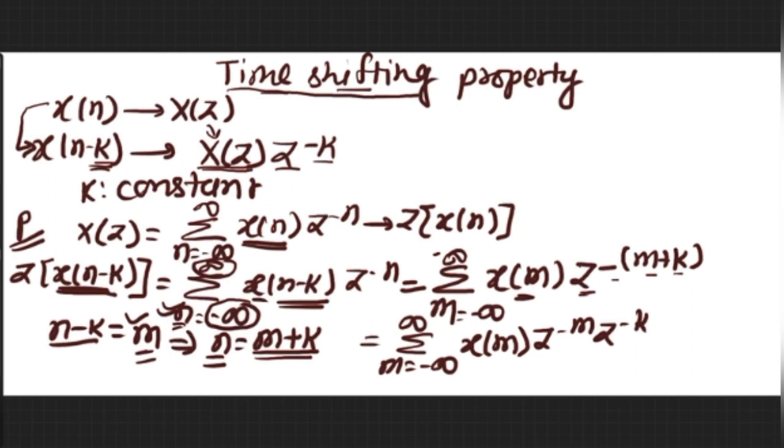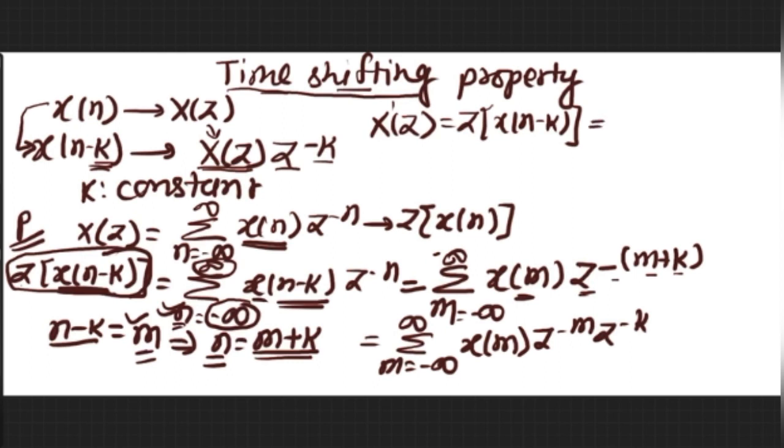So, we can write X dash z, which is the Z transform for x[n minus k], as equal to this equation. As we can see, the summation is with respect to m, so this z to the power minus k will behave as a constant. We can put it outside the summation like this.